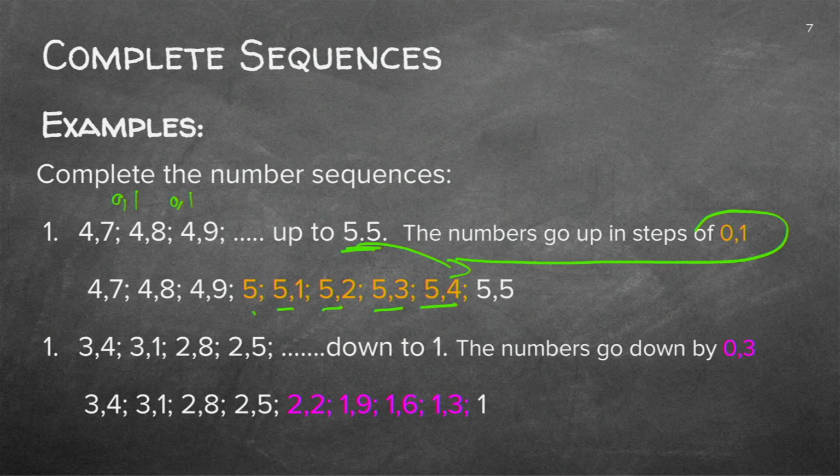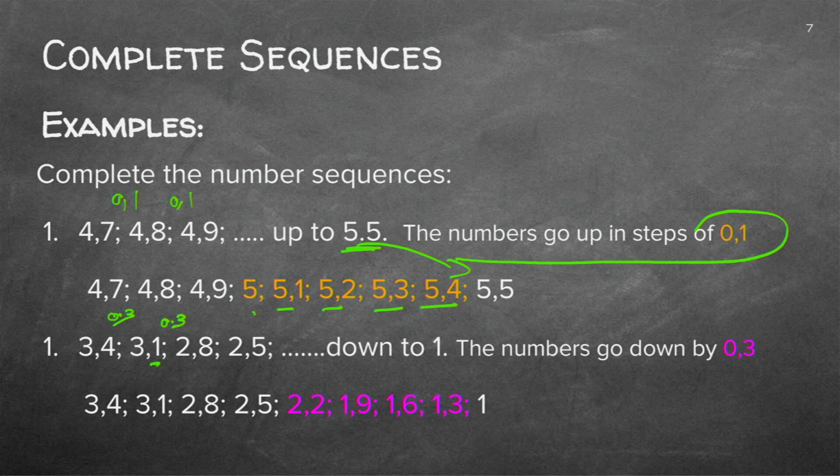There's 3.4, and then the next one is 3.1, and then it's 2.8. So we can see it's going down. So let's see if we can find a pattern. 3.4 to 3.1 is 0.3. 3.1 to 2.8 is 0.3.